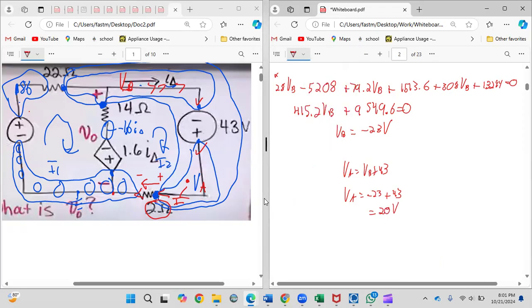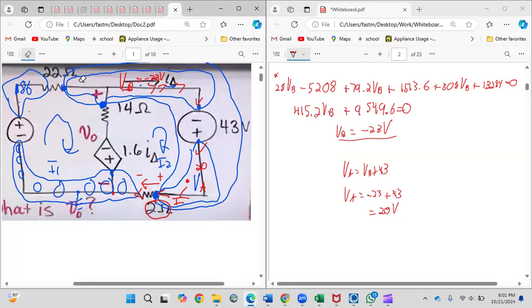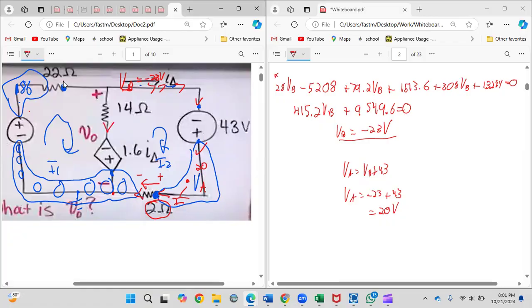And so VB is up here, and VA down here is 20. So what will V0 be? Let me analyze this based on the same technique I showed you. If you were to erase this and look at the direction of the current going down here, remember current does go from high to low, right?